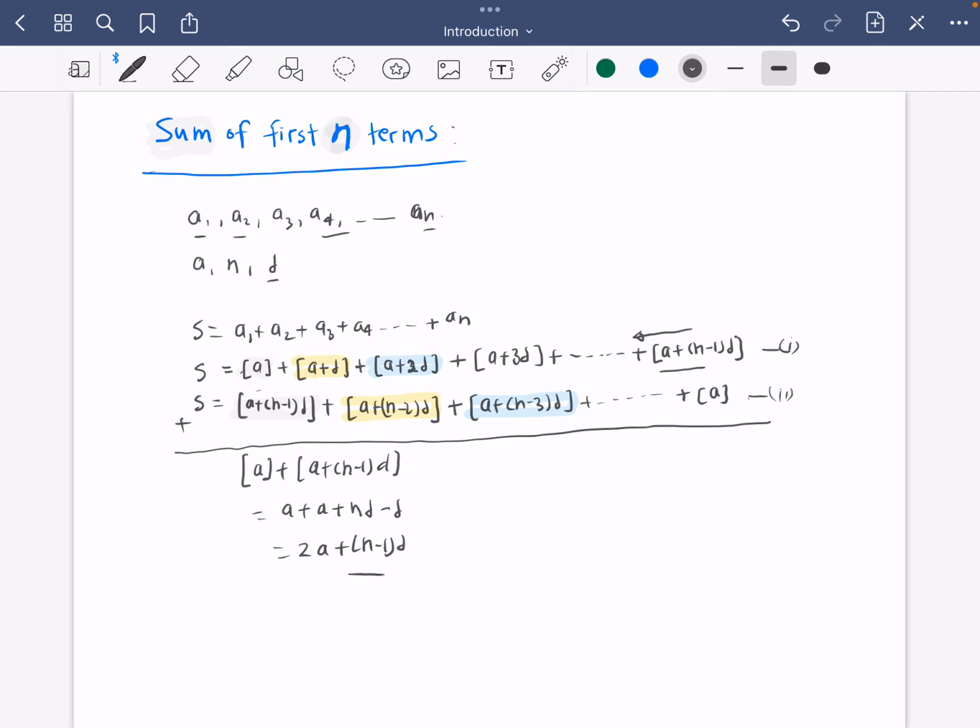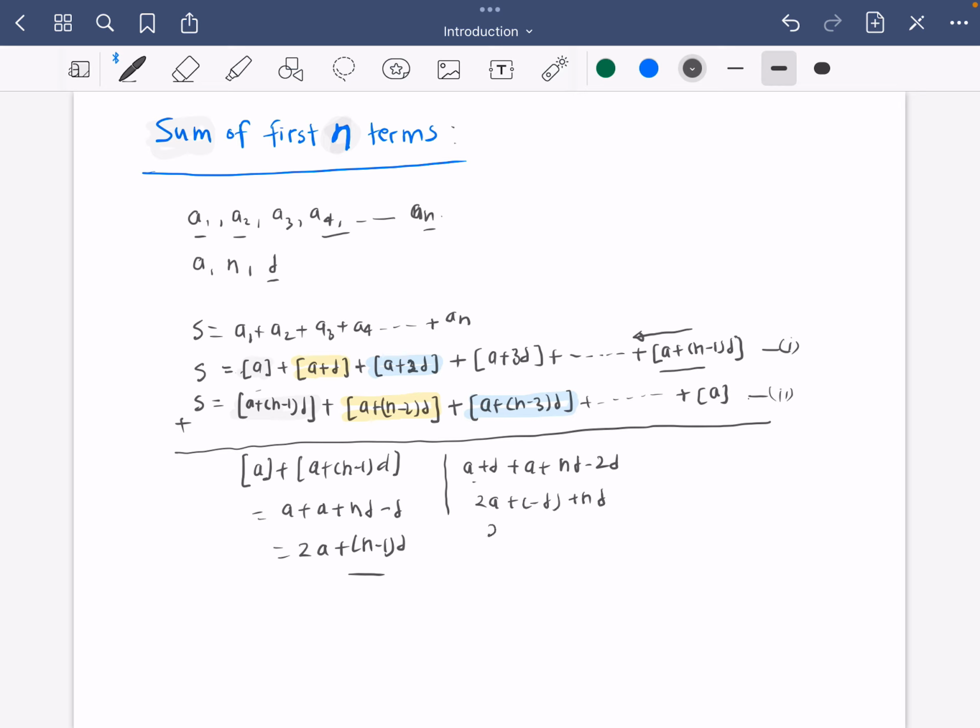And now if you add the second term and the second last term, that's highlighted in yellow, these are a plus d plus a plus n minus 2 times d, that means nd minus 2d. So a plus a is 2a, plus minus d minus 2d plus nd.